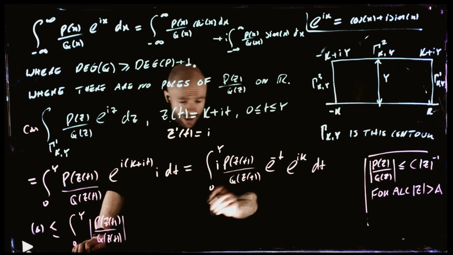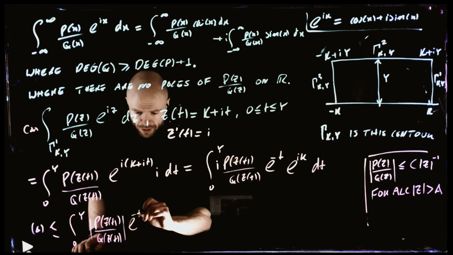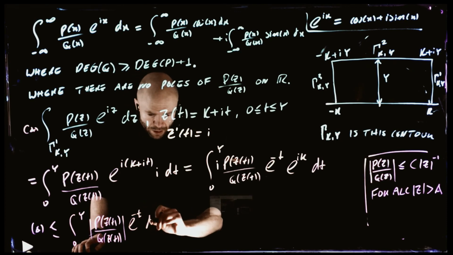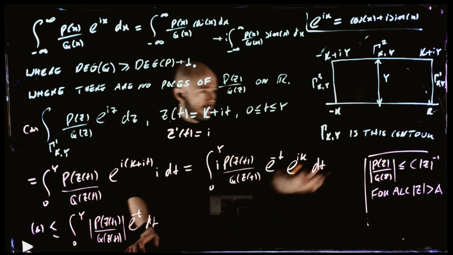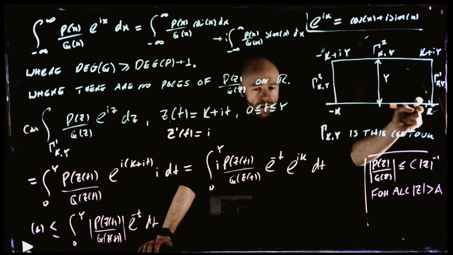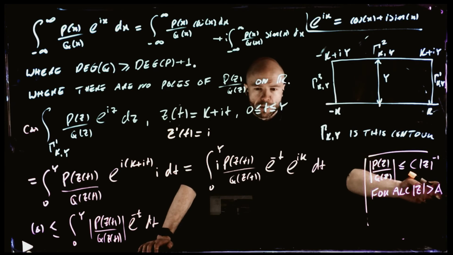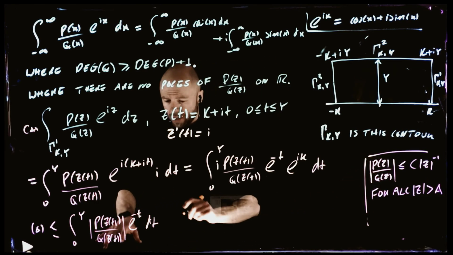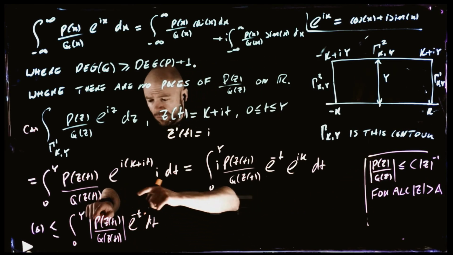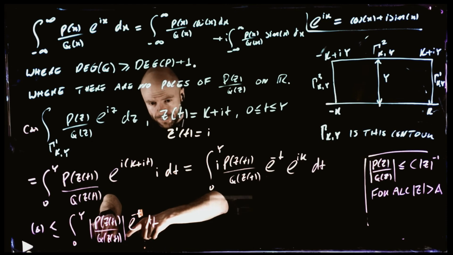The absolute value is 1, so then it's just equal to e to the minus t dt. But for this thing, as we just argued, since we're at least distance r away from 0, and r is getting bigger and bigger, we can assume r is bigger than capital A. So then this estimate means that this will be less than 1 over r. Do you see what I mean? Yeah?